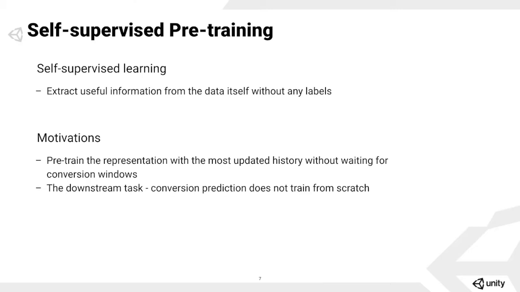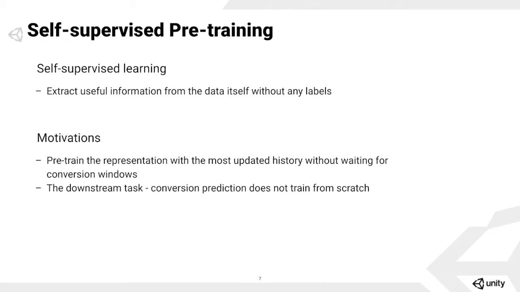To tackle those challenges and follow the inspiration from self-supervised learning, we consider pre-training the representation from the data itself without utilizing label information. User behavior sequences may not contain information as rich as images, but still reveal lots of information about users' interests.